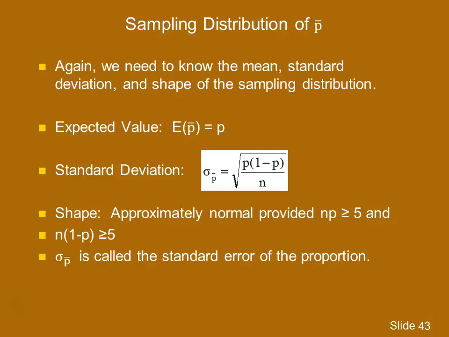We argued earlier that a binomial distribution could be approximated by a normal curve, provided n times p and n times 1 minus p exceed the number 5. Well, since the sampling distribution of p-bar is closely related to the binomial, it's really just sort of a transformation of it, it shouldn't be that surprising that the distribution of p-bar will also be normal, just like the binomial was, with the same criterion.